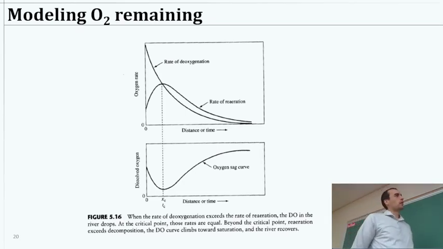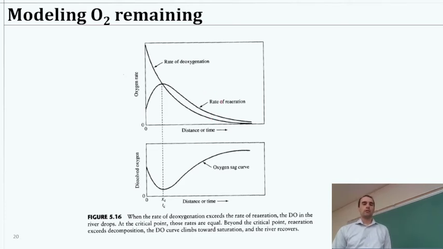Okay, and here's a depiction, in case you're curious, of the rate at which oxygen is being removed. A high rate of removal means we are demanding oxygen really fast, but that decreases over time because we have less microbe food, so there's less BOD. It's first order, so when we have not much food, there's not much oxygen being demanded.